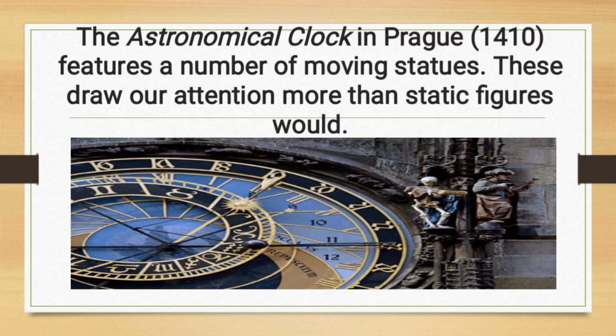Look at what we have here. We have the astronomical clock in Prague. This work was done in 1410. It has a feature of a number of moving statues. This draws our attention more than static figures would. Now, what am I talking about?